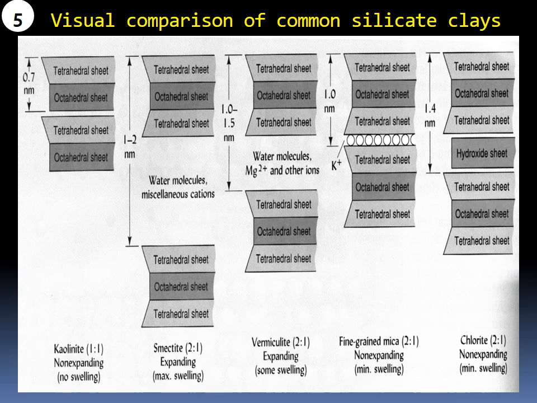These form bonds, and this bond is relatively weaker than the hydrogen bond, but it is a stronger bond than in the condition of smectite. That's why when water tries to come in, it only allows for some expansion, but not as much as in smectite.